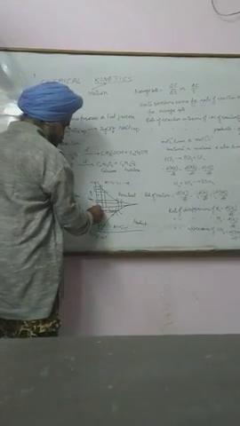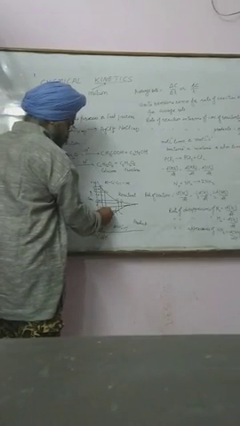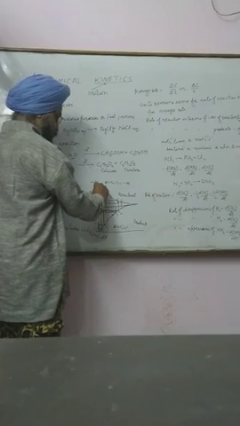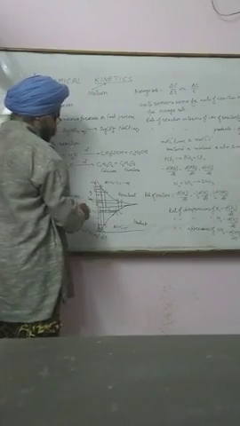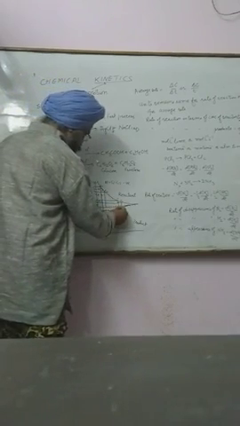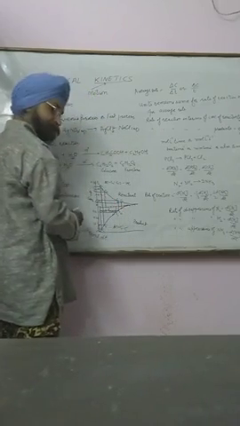This is not the case. Like 0 to 5, 10, 15. Between 10 to 15 minutes, there is this much change in concentration. Now, this divided by this one, that is divided by 5, the value is much larger than this one. During the same interval, this much smaller value changes.